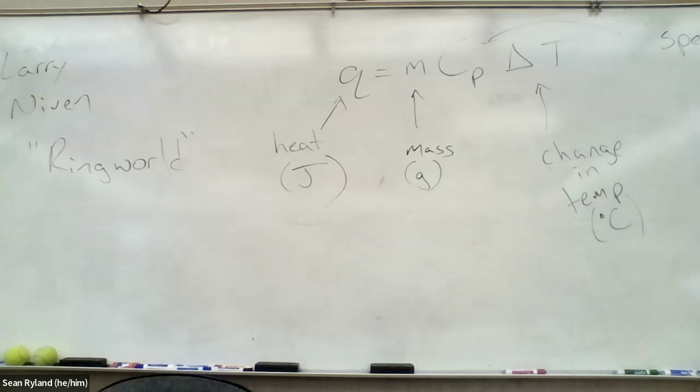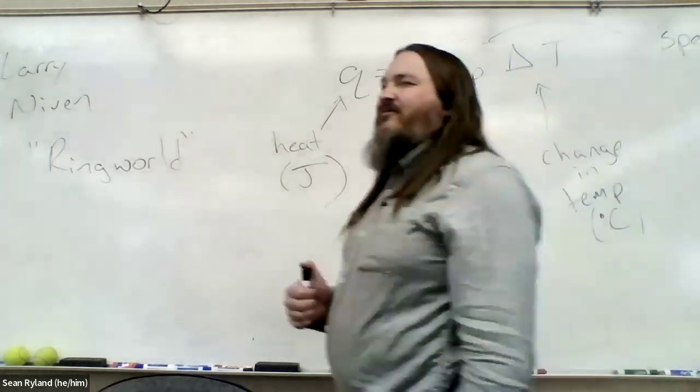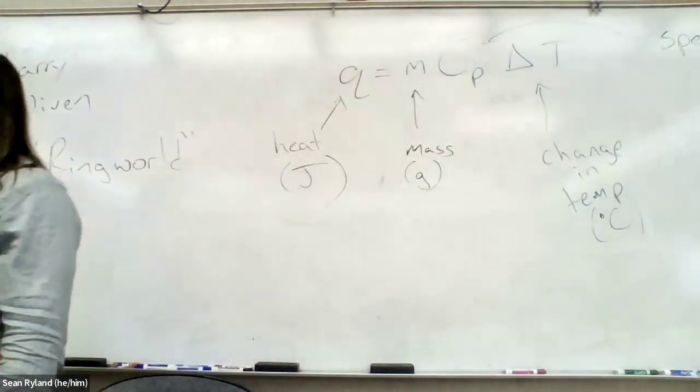So in other words, joules per gram per degree Celsius. Just to give you an idea of the difference, the specific heat of water is 4.184 joules per gram degree Celsius. The specific heat of copper is about 1/10 of that, about 0.4.